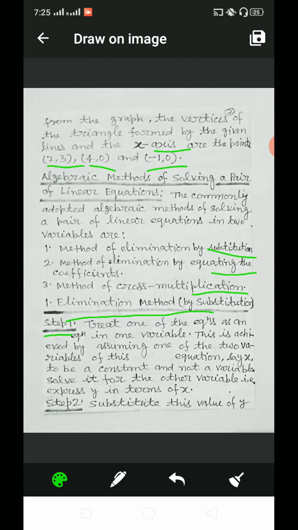First step, treat one of the equations as an equation in one variable. This is achieved by assuming one of the two variables of this equation, say x, to be a constant and not a variable. Solve it for the other variable, that is, express y in terms of x.